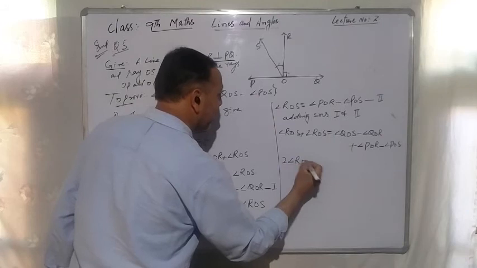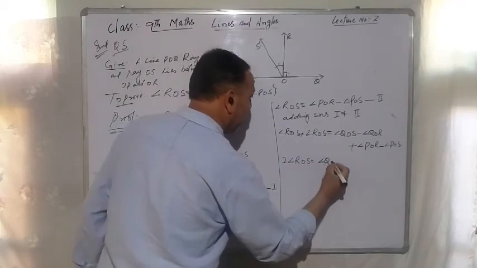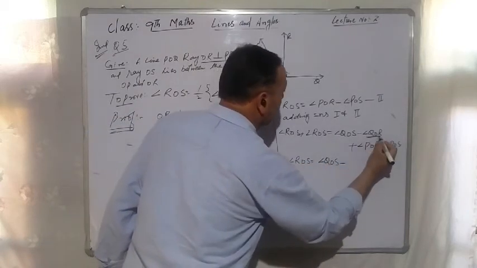Twice angle ROS is equal to angle QOS minus angle QOR.